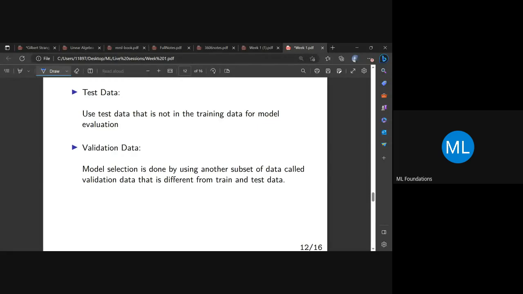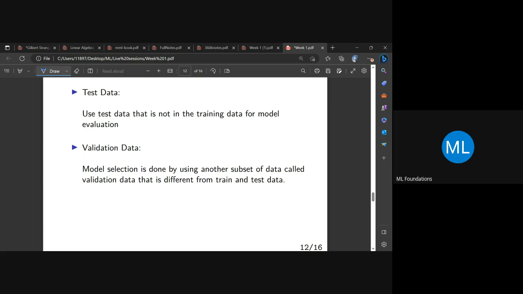Now what does the validation data set do? It is used for model selection basically. You got a model from the training data set.